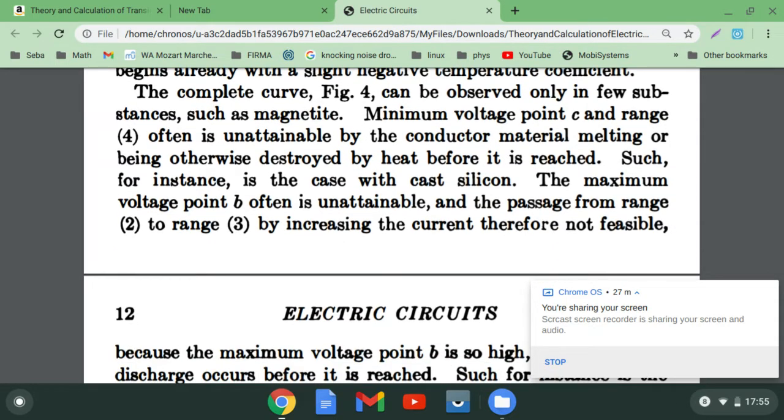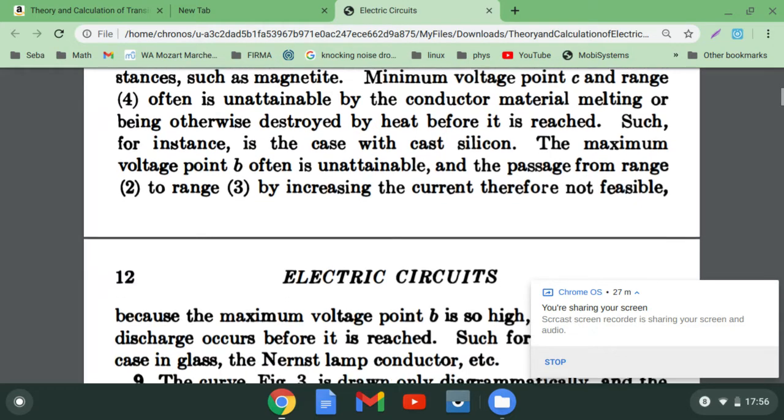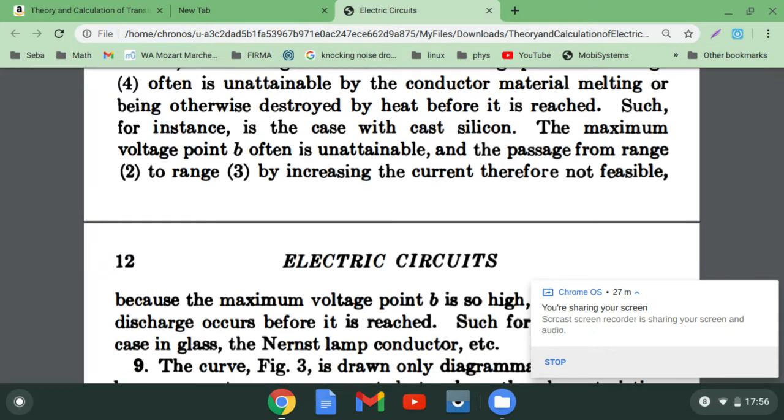Minimum voltage point C and range 4 often is unattainable by the conductor material melting or being otherwise destroyed by heat before it is reached.